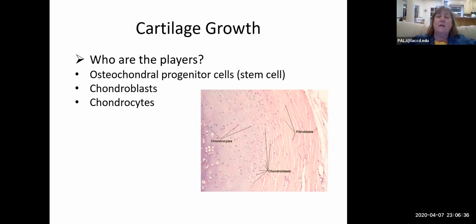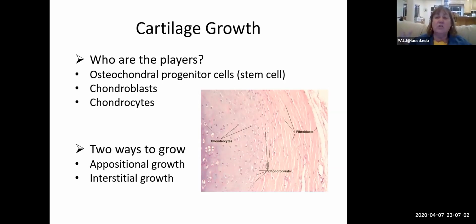Then when it's done building the house, building the cartilage, it's going to retire and become a chondrocyte. And the chondrocyte's just going to maintain the house. Gonna sweep it, gonna clean it out, get rid of the debris, maybe have to do a little bit of repairs, but it's not looking to make it bigger generally.